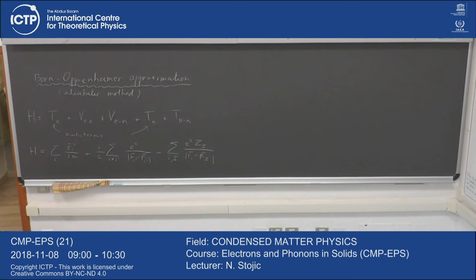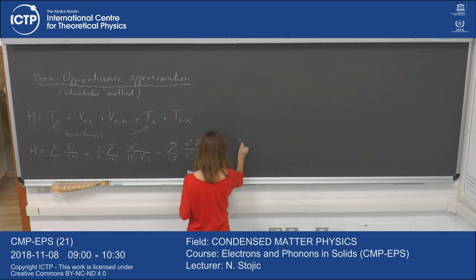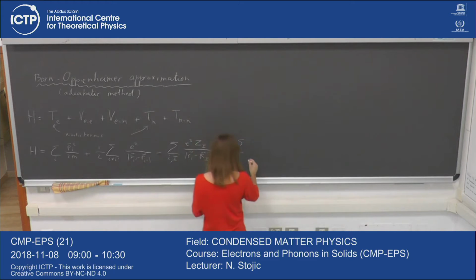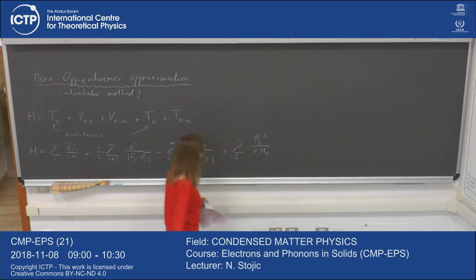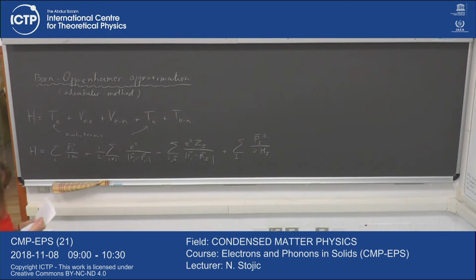So this is the electron-nuclei interaction, and then a sum over the nuclei of their momentum P_I over 2 times the mass of the nuclei.